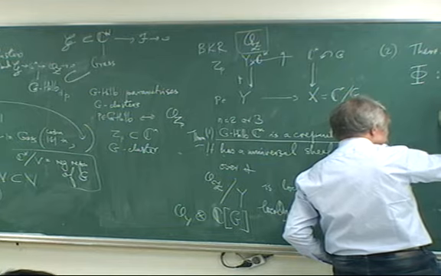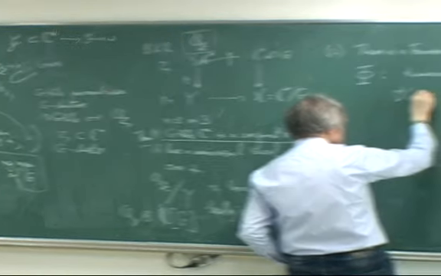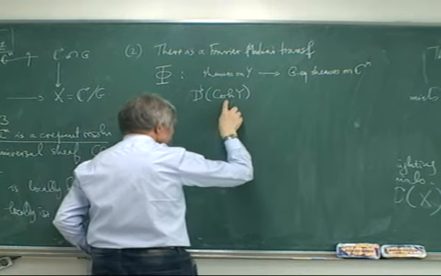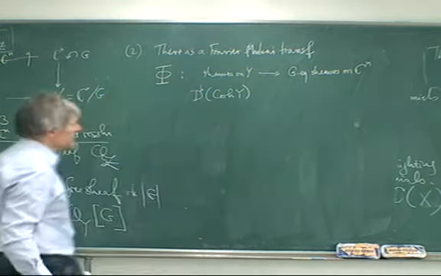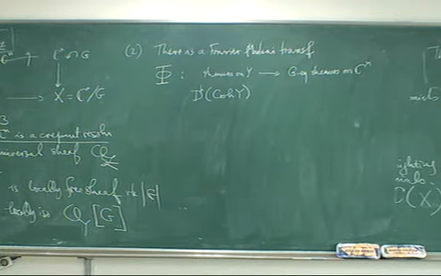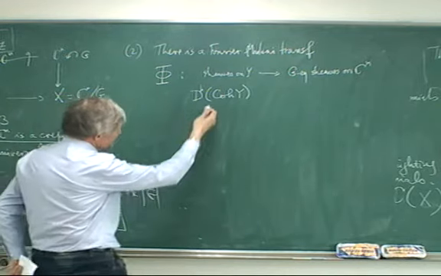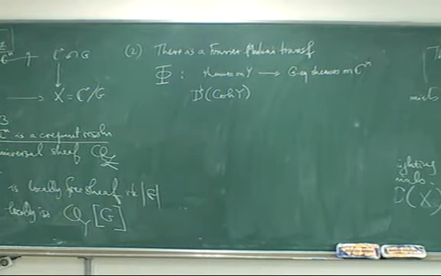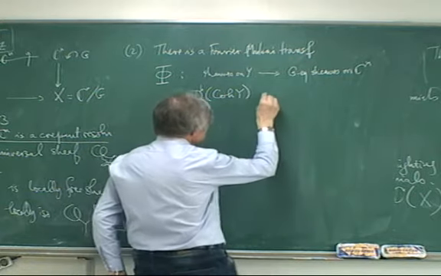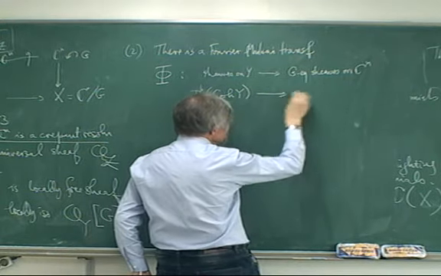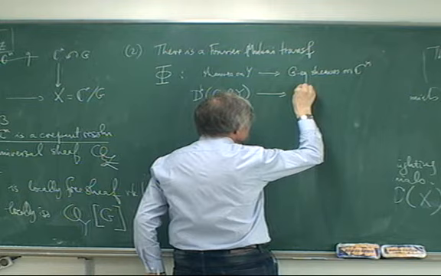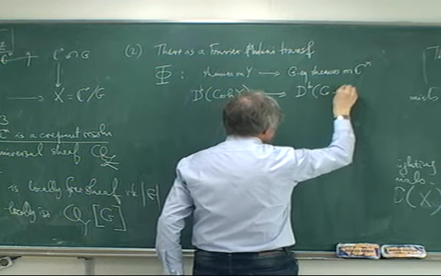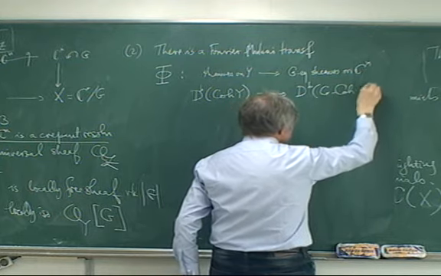So let me, without explaining it, write this. So I take the abelian category of coherent sheaves, I take the bounded derived category, so this is a category of complexes with some funny notion of maps between them, and so this is going to be D^b of G-coherent of Cn.